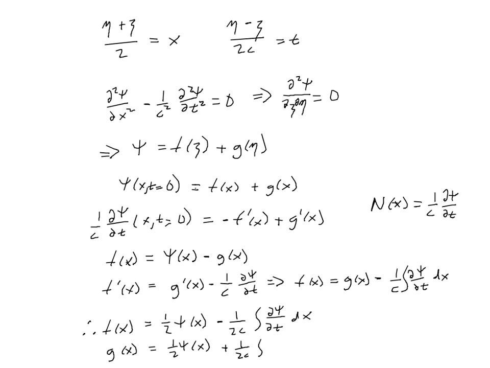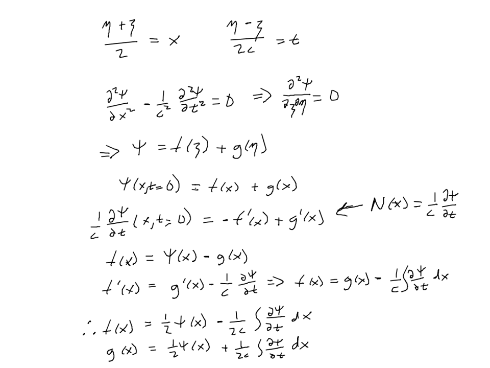And so what I just did here was basically I solved for what's happening at one of the boundaries, the t equals 0 boundary. I have the solution at the boundary, I have the time derivative or the normal derivative of the solution at the boundary.